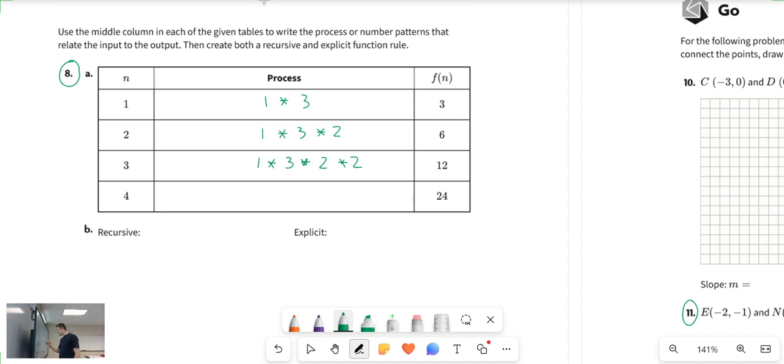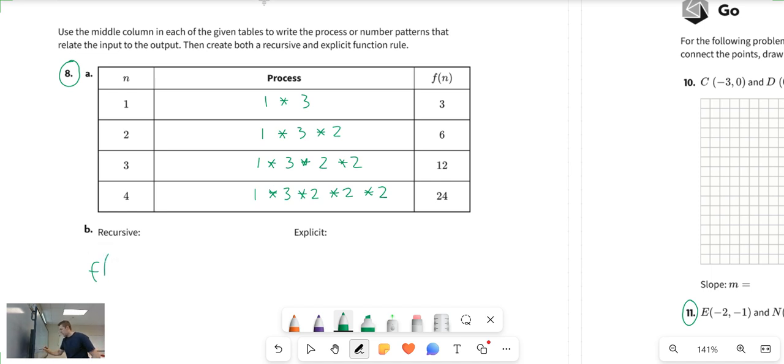And then for 4, it looks like we have 1 times 3 times 2 times 2 times 2. All right, so we can see there's an extra 2 each time, so that leads us to a pretty easy recursive formula, right?